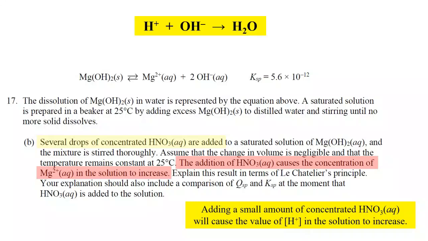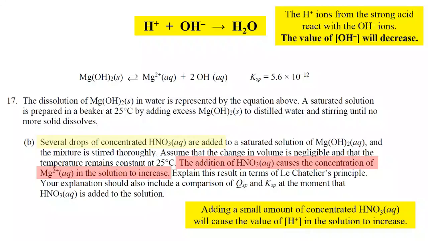So based on this acid-base reaction between H plus and OH minus to produce water, this will cause the concentration of hydroxide to decrease. So the H plus ions from the strong acid react with and therefore consume some of the hydroxide ions. So the concentration of hydroxide in this solution will decrease.